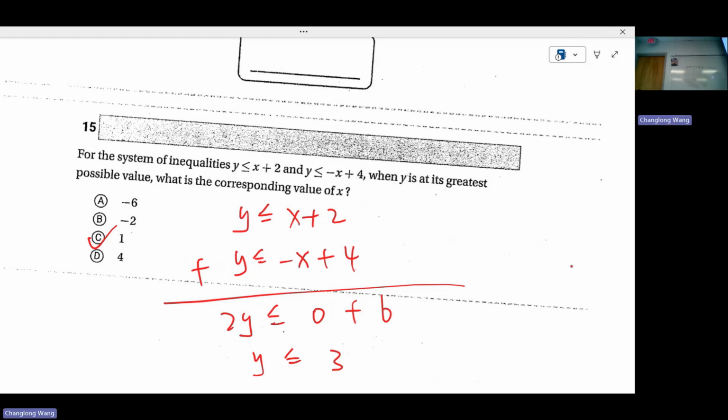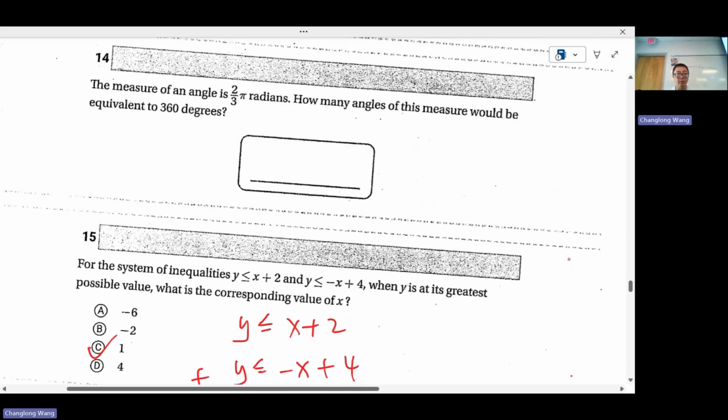That means you can still do that as if they're equations. But now you see that you're going to interpret this result a bit differently. Y is not necessarily equal to 3, but y cannot be greater than 3, right? Its maximum is going to be 3. That's exactly what they're looking for. When you reach the 3, y has to be 3, well, x has to be 1, right? Anyway, now that's number 15.